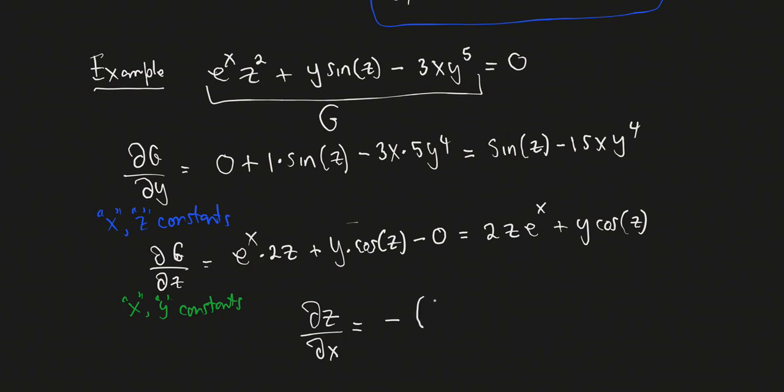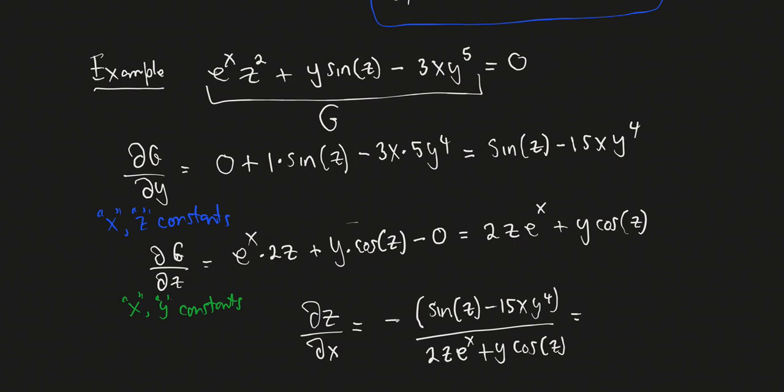So the negative of the quantity, sine of z minus 15xy to the fourth over 2z e to the x plus y cosine of z. Now if I distribute that negative, then this term will have a positive 15 coefficient, and then the sine will have a negative 1 coefficient. So I'll write it like this: 15x to the fourth minus the sine of z over 2z e to the x plus y cosine of z.